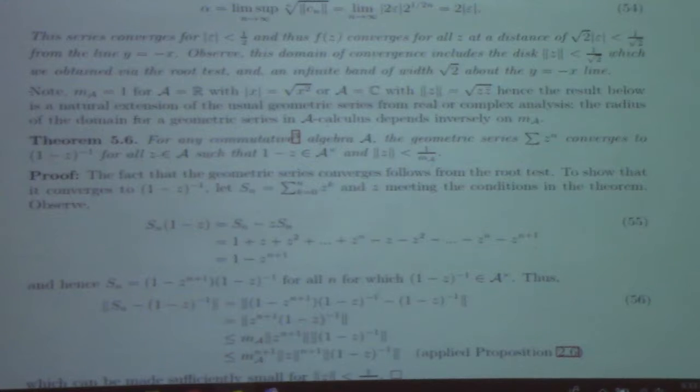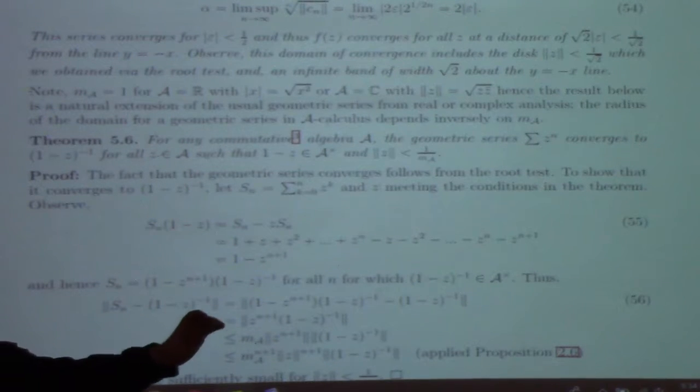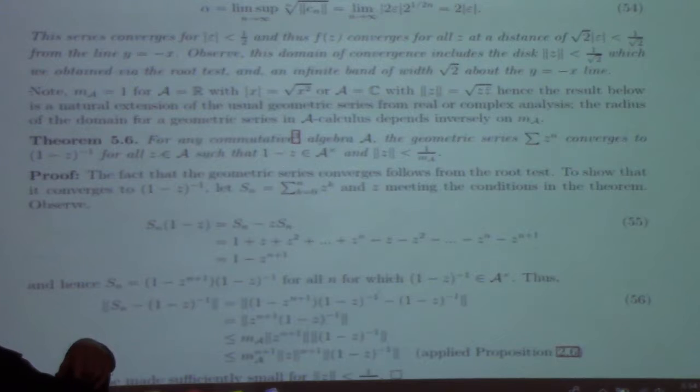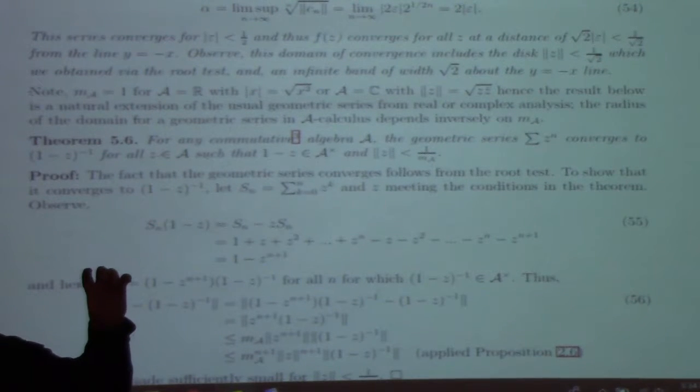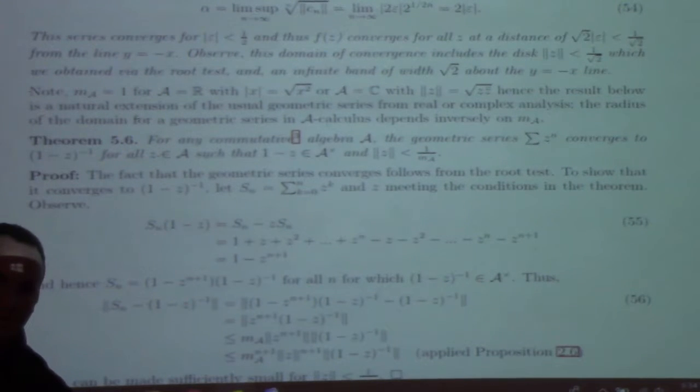So (1, 0) times (x, y) to the n simplifies to just x to the n comma 0, which will converge whenever the absolute value of x is less than 1, which is an infinite band. That infinite band, through the rotation dilation isomorphism that you've become a student of, King, gets rotated like this, and that becomes the infinite band that Daniel showed converged.